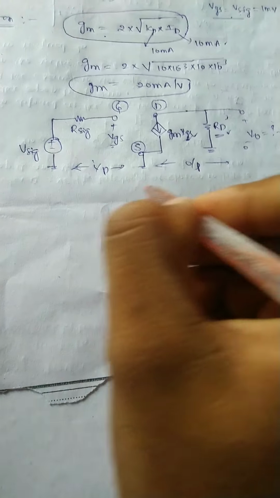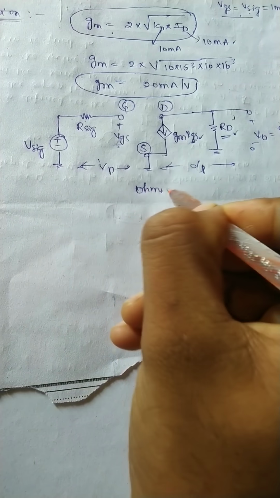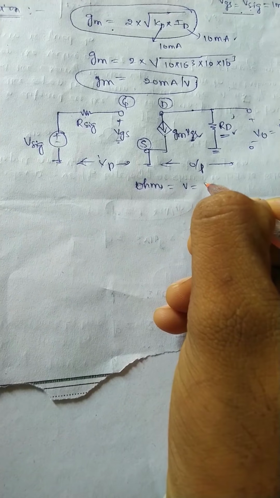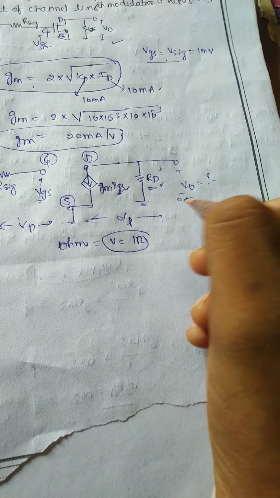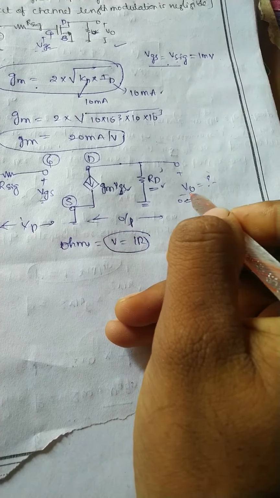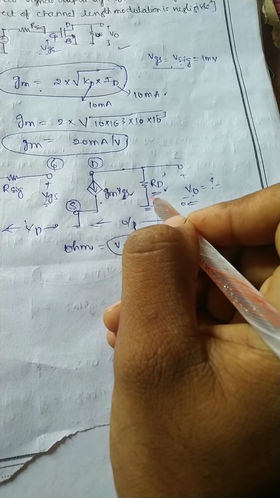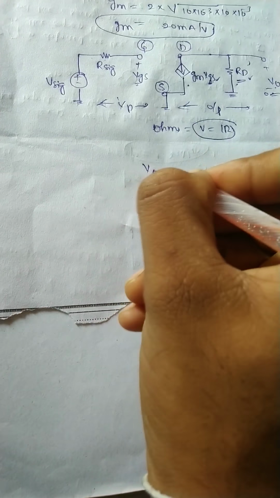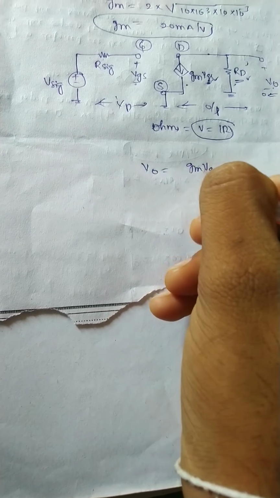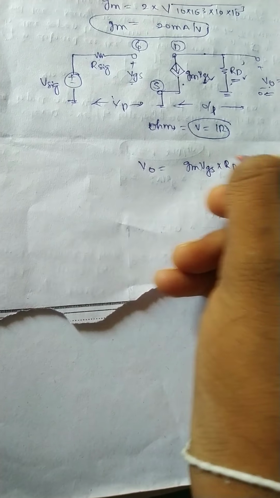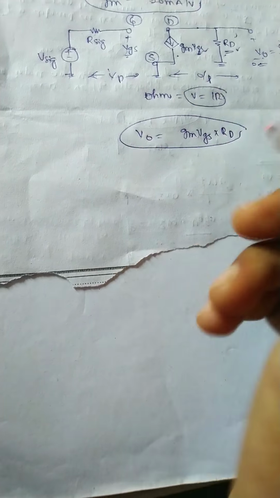By the help of Ohm's law, we know that V equals IR. For calculating the small signal output voltage, the output voltage is calculated from the current source and the parallel drain resistance. So V output equals gm VGS times RD.